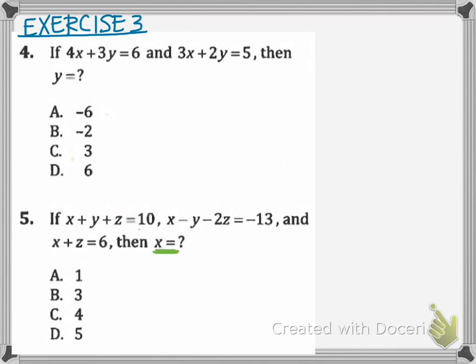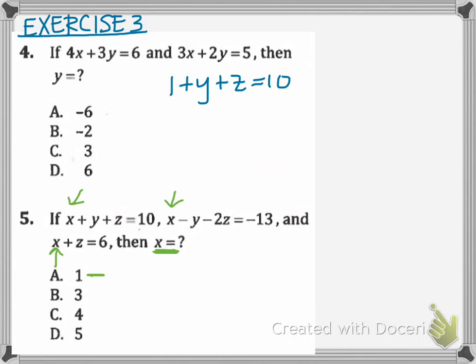It says x equals, these are our possible answer choices. So let's go ahead and start with the 1. I'm going to put 1 everywhere I see x, and then just look at what we've got. So in the first equation, if I put 1 where x is, we're going to get 1 plus y plus z equals 10.